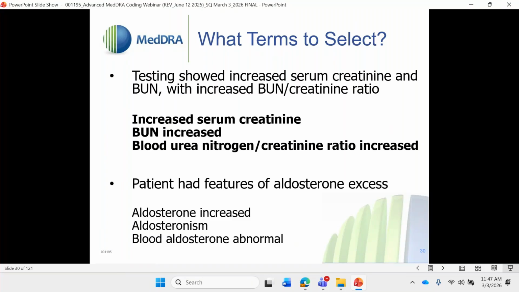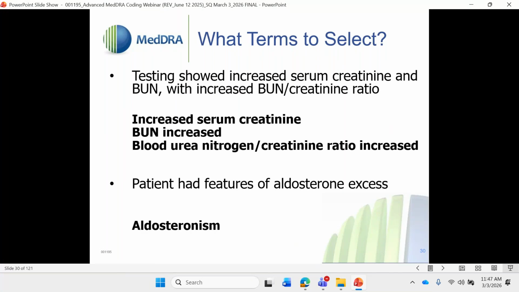These are features or characteristics of aldosterone excess, and that in itself is a sort of a diagnosis term, right? So from the 3, the 2 are lab findings, which of course would be found in this diagnosis, but there's one that matches what's purported. Aldosteronism is a synonym of aldosterone excess.